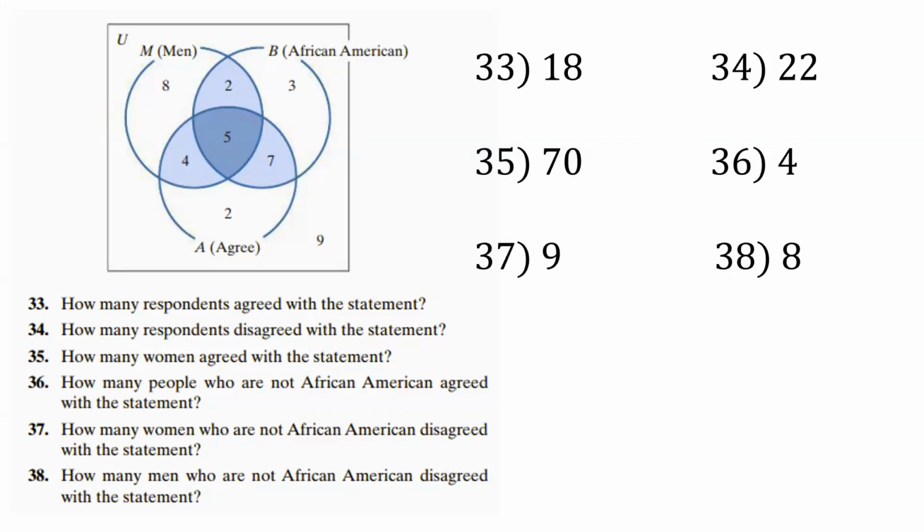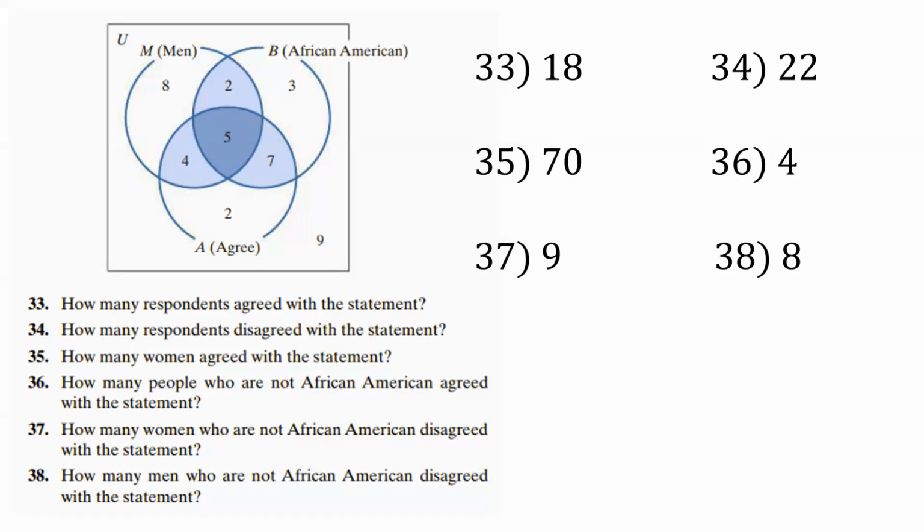Next question, how many people disagreed with the statement? Now I go into my Venn diagram, and if it's disagreed, that's the same thing as not agreeing. That makes sense as far as English goes. And as far as mathematics goes, that means everything that is outside of my circle. And yeah, 9 is not really part of the overlap of men and African American and agree, but that doesn't matter.